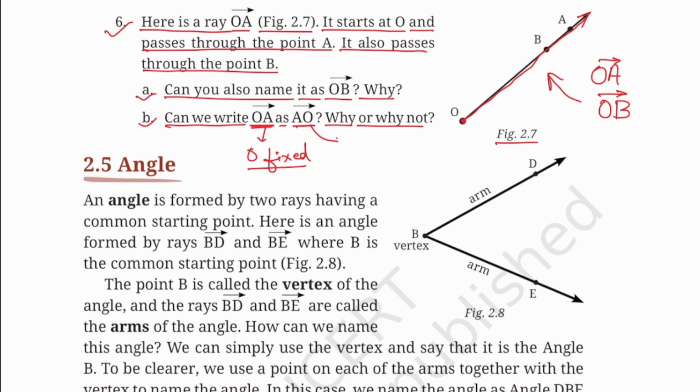But ray AO means A is fixed and the ray starts from it. But in the figure you can see both are not the same. So this is wrong. So the answer is ray OA cannot be written as ray AO.